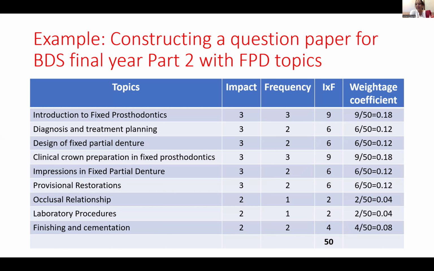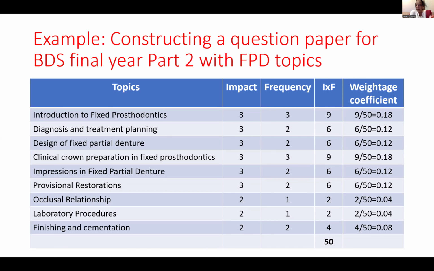So at least it should be 2 and 2, 4, no? It should be often asked. Yes, ma'am. 2 and 1 is very rare. So only one question normally is asked, ma'am. Exam drives, assessment drives education, how they study. If you don't ask questions in occlusal relationship, occlusion, they will not study.